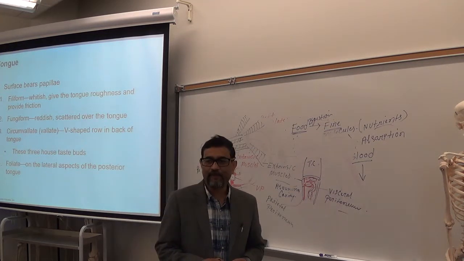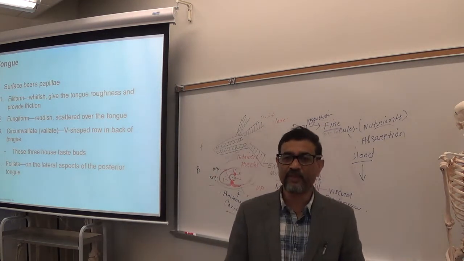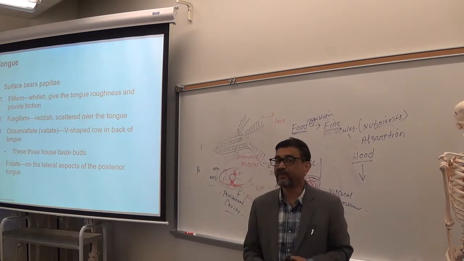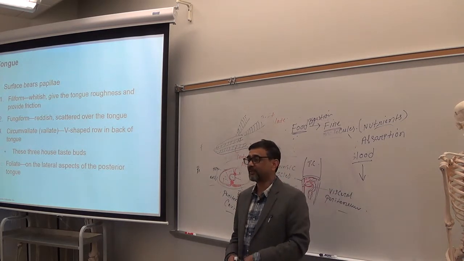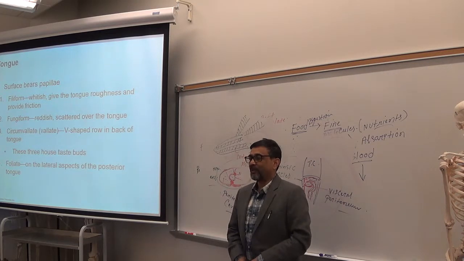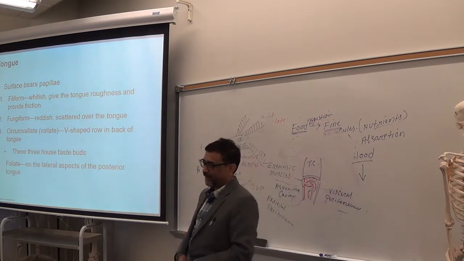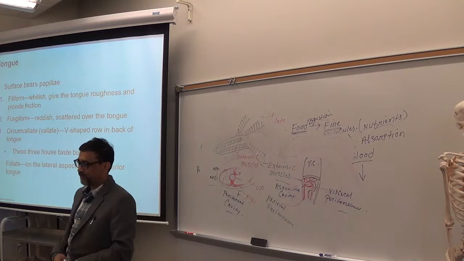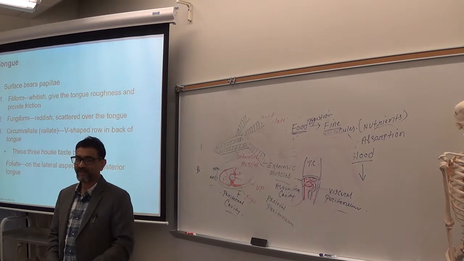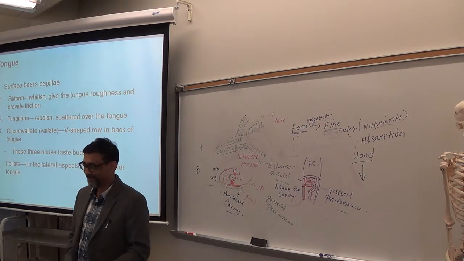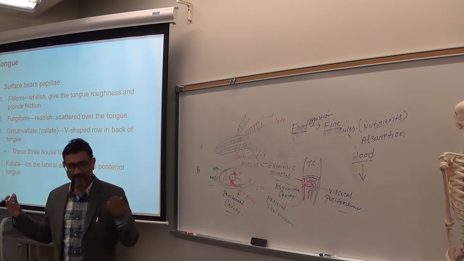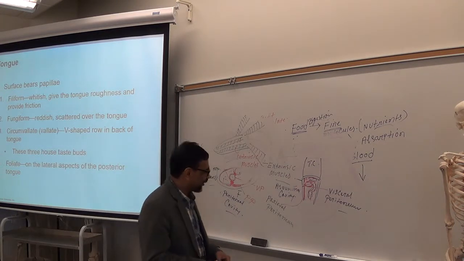Why are papillae important? Because inside the papilla you have the taste receptors. They help to taste the food, which is very important in your life. If you don't taste the food, everything is boring.